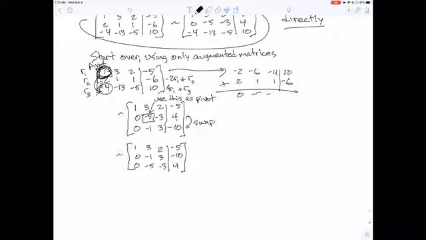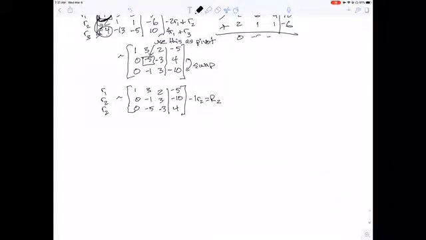So I'm getting closer. Instead of having -5 in that spot, I now have -1 in that spot, but I want +1 to be the pivot position in row 2. So in order to make that happen, I'm going to basically multiply row 2 by -1 to create my new row 2.